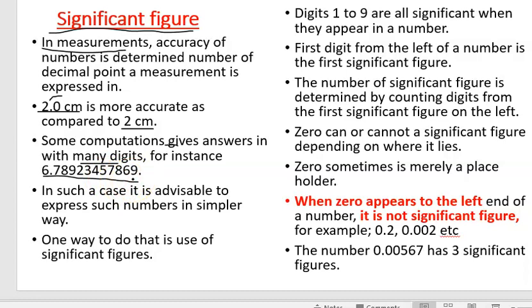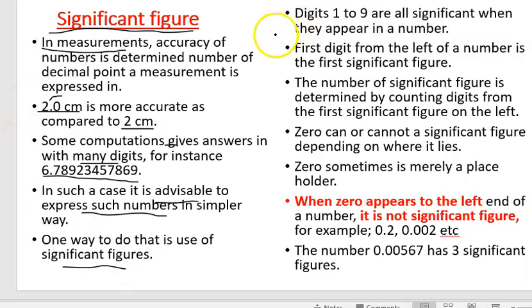In such a case, you are mostly advised to express the number in a simpler way, and one way to do this is the use of standard forms. Numbers that are so tedious, that have so many digits, can be written in a simple way by use of what we call significant figures.